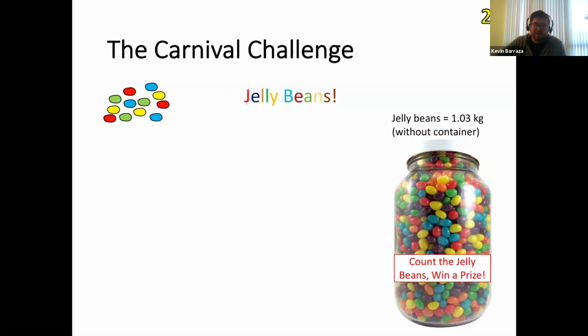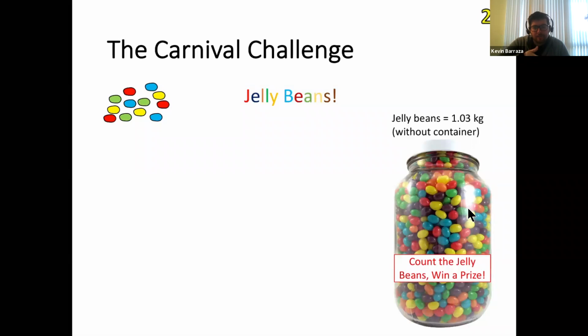So say that we have jelly beans inside this container and the total amount is equal to 1.03 kilograms. Now, how does this help us? Well, if there's a way that I can relate how heavy a jelly bean is to how many jelly beans there are, then by our knowledge of conversion factors, if I have a number that connects how heavy to how much, I'd be in business to figure out how many jelly beans are in this jar.